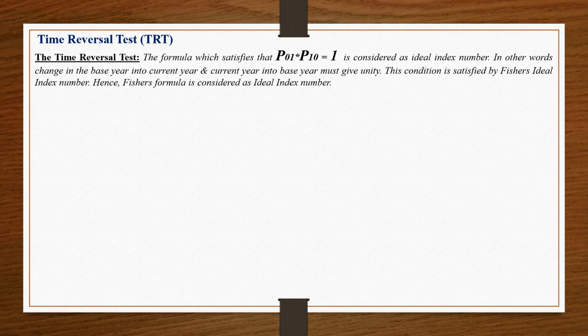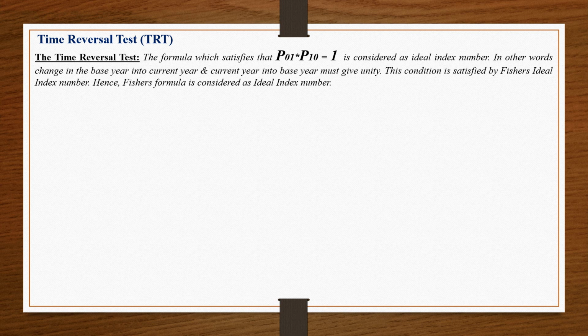Symbolically, P01 into P10 is equal to 1, and this is satisfied by the Fisher formula, Fisher's ideal index number formula. That's why the Fisher formula is considered an ideal index number.